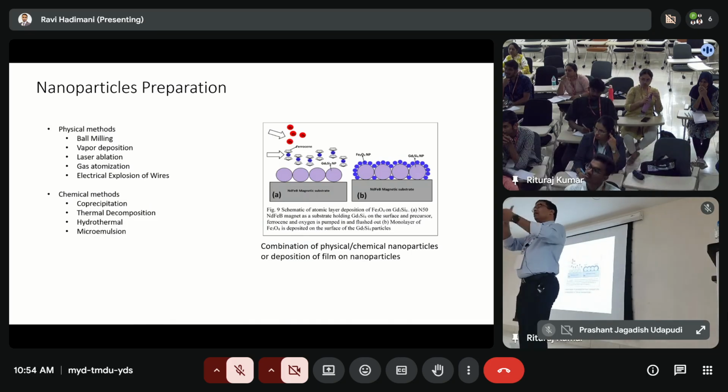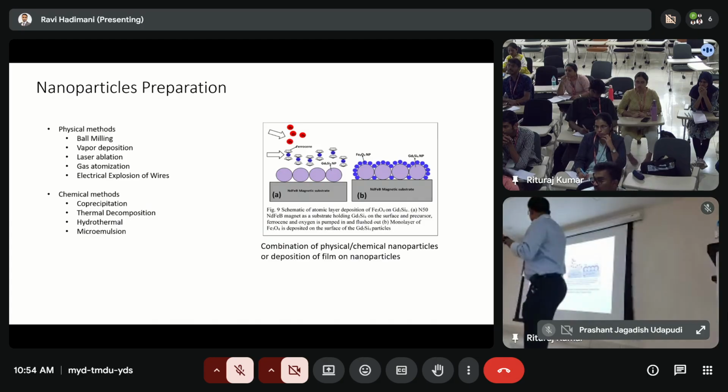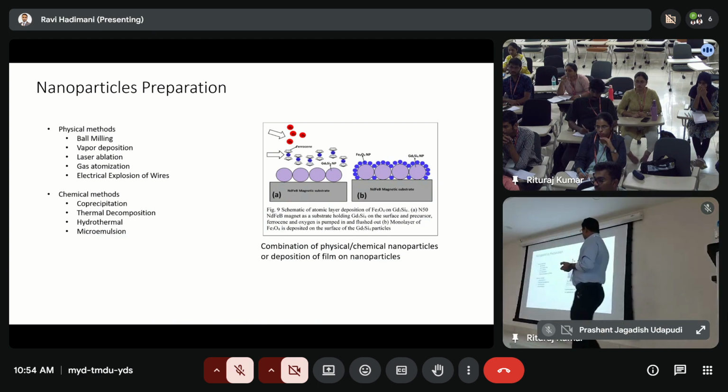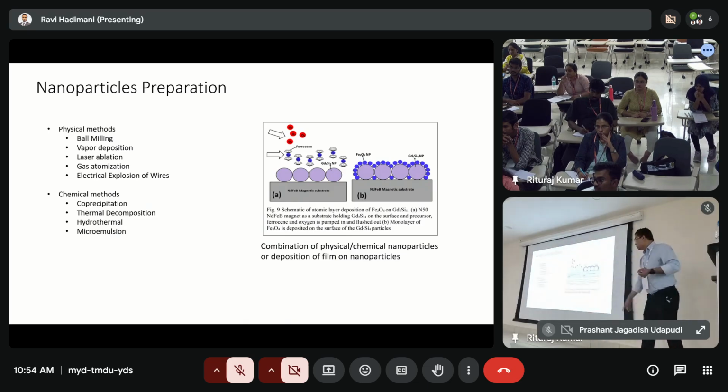Then you start to use certain techniques to minimize the energy and retain the crystal structure and not make them amorphous.